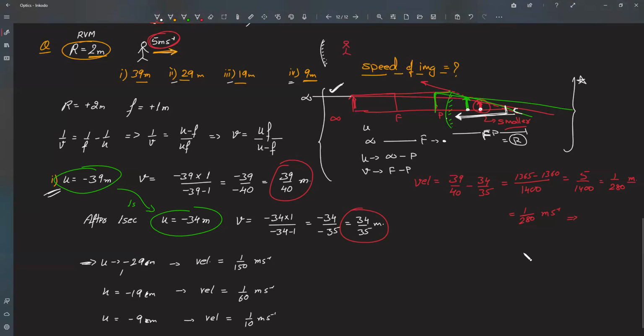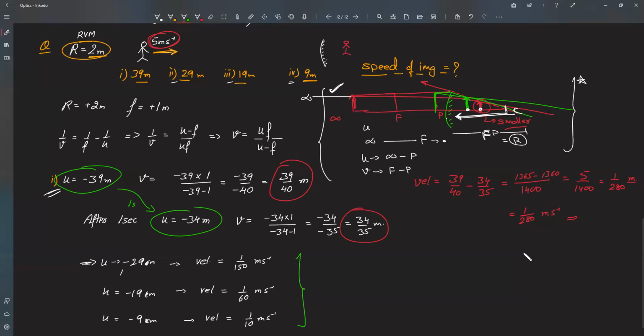You can make a note of this, or this will be in your NCERT itself, so there you can simply verify your answers. Now here what do we see? The velocity of the image is increasing or decreasing? Increasing. It is increasing, but even at 9 meters, it is 1/10 of the speed of the object. 9 meters is a very short distance, right?